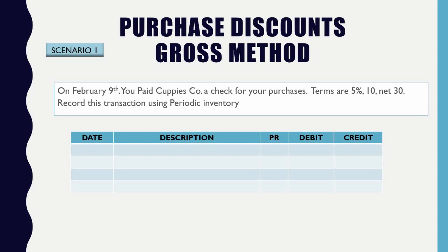You made it, right? Because in this case, you were given 10 days. You only spent 9 days to pay for it. So in this case, you made the discount period, okay?